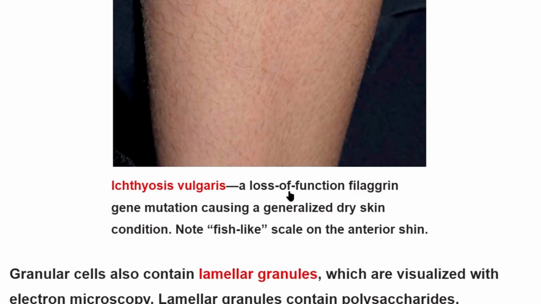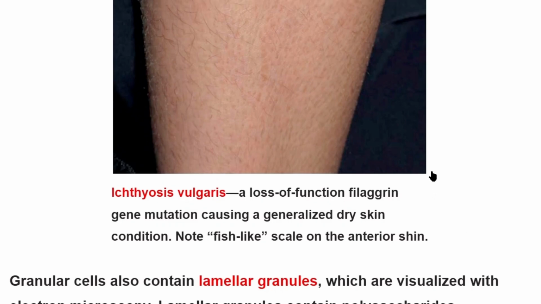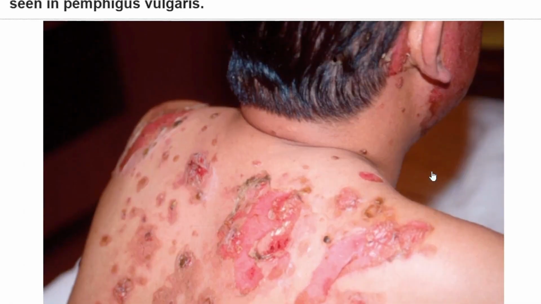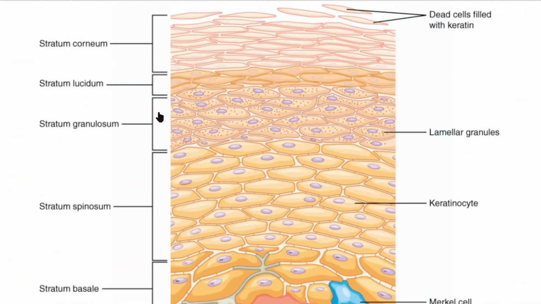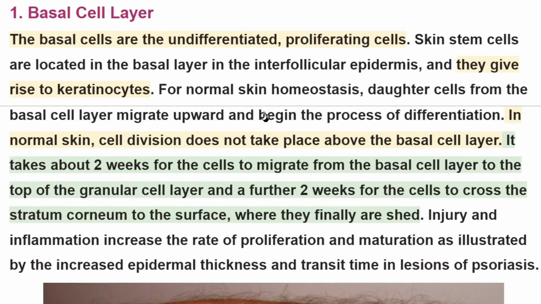Ichthyosis vulgaris is caused by a loss of function filaggrin gene mutation causing a generalized dry skin condition, with fish-like scale on the anterior shin. We can see this pathology happens in the stratum granulosum, or in this layer.